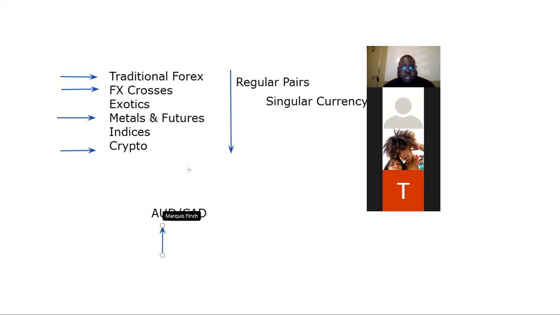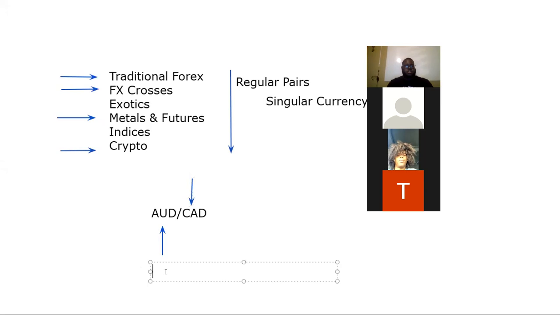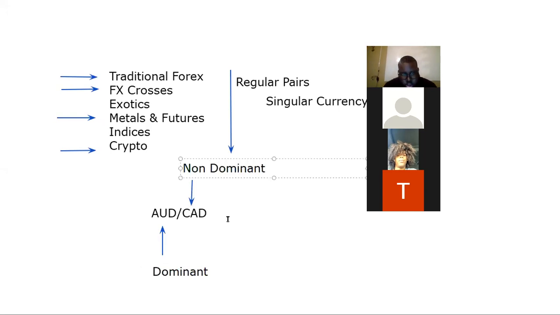Your non-dominant pair is going to be your CAD, and I'm going to label it right now. All right, so that's simple enough.